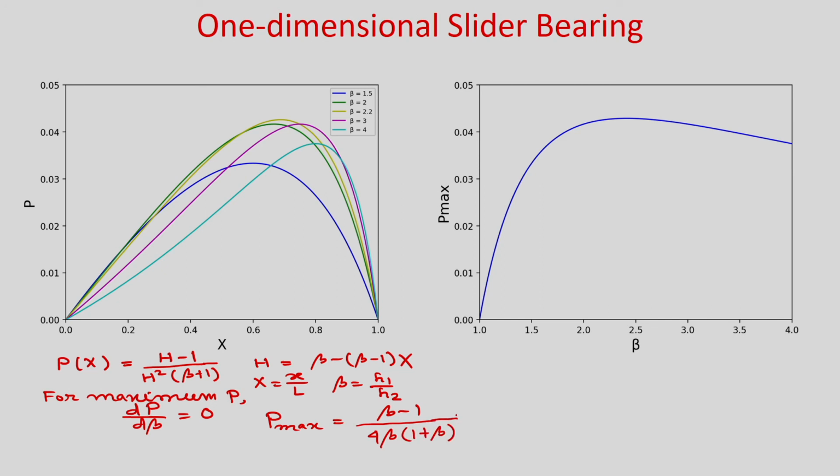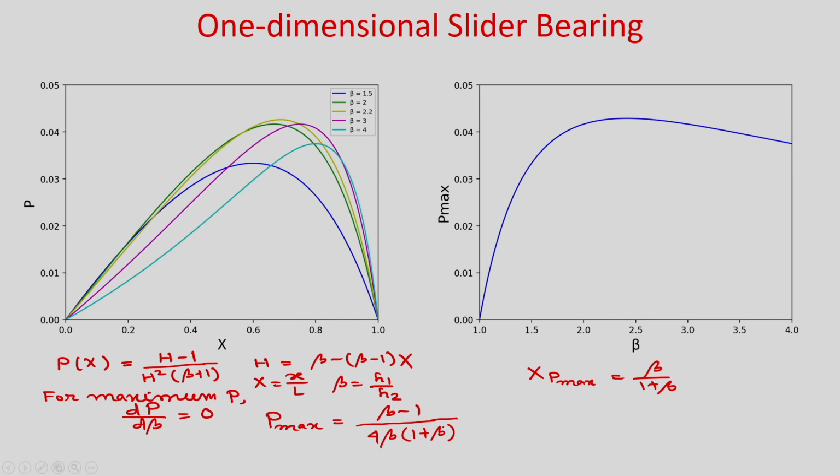Okay. And the location at which it will have the maximum, that is x at P max, will be beta by 1 plus beta. So, you can see the location where it is becoming maximum. That will be beta by 1 plus beta, and the P maximum value at different beta you will get from this expression, (beta minus 1) divided by 4 beta into (1 plus beta).